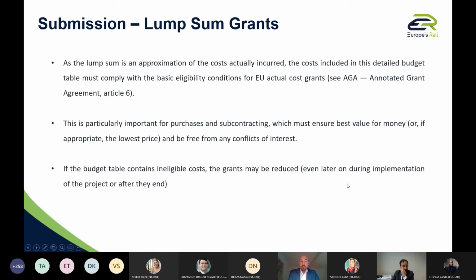So as the lump sum is an approximation of the costs actually incurred, the costs that you would include in the detailed budget table that I will present afterwards, as a general principle, first of all, when you are preparing, must comply with the basic eligibility conditions for EU actual cost grants.